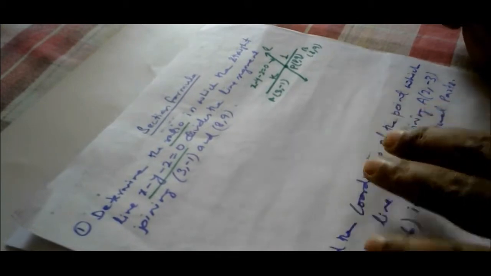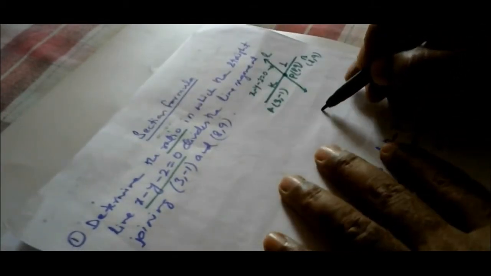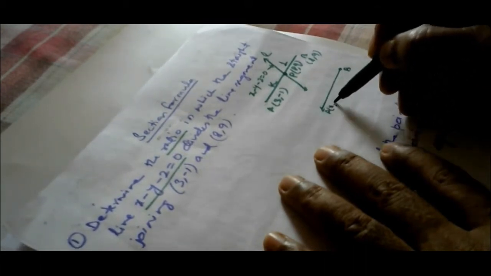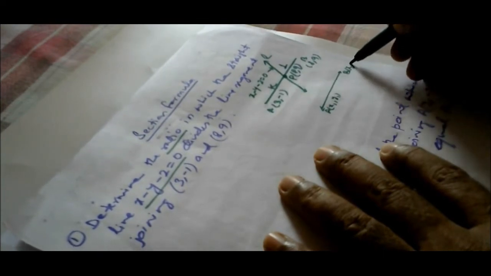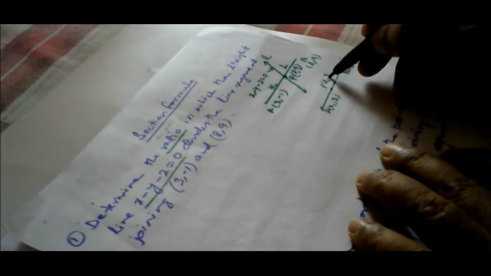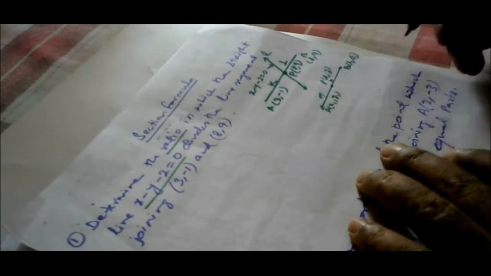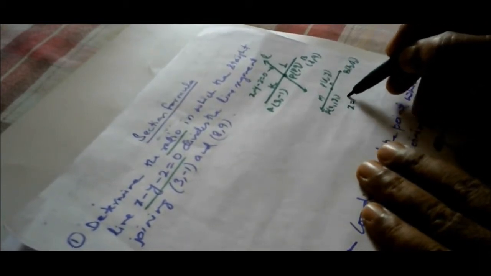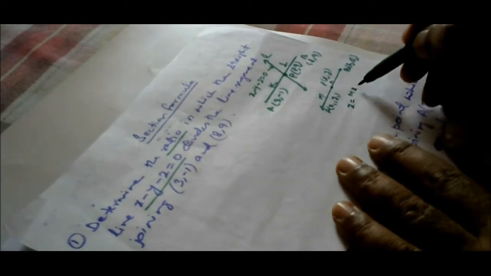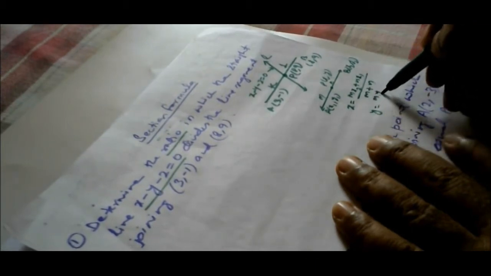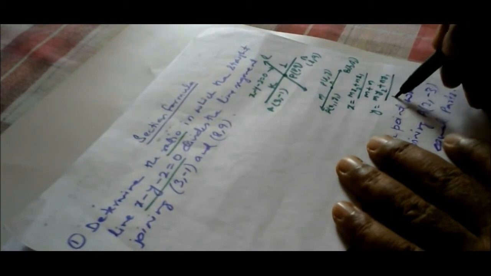Now, as per the section formula that we discussed, if there is a line segment joining A and B with coordinates x1, y1 and x2, y2, and any point P with coordinates x and y divides the line segment in the ratio m is to n internally, then x is equal to mx2 plus nx1 divided by m plus n, and y is equal to my2 plus ny1 divided by m plus n.